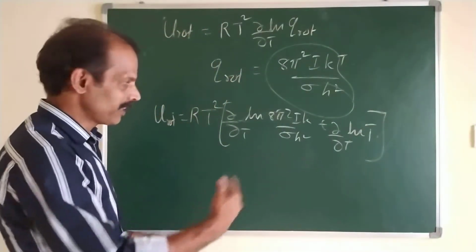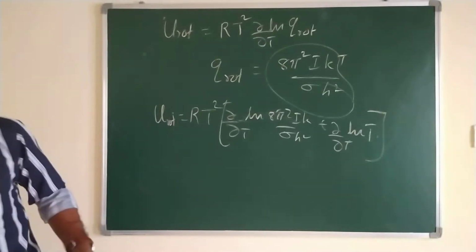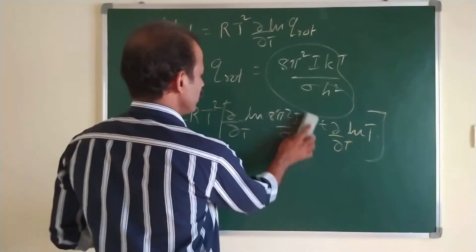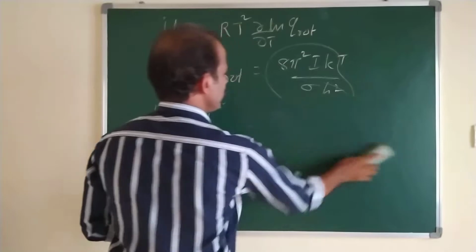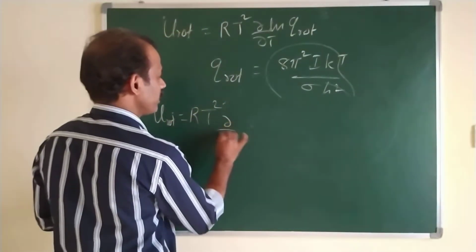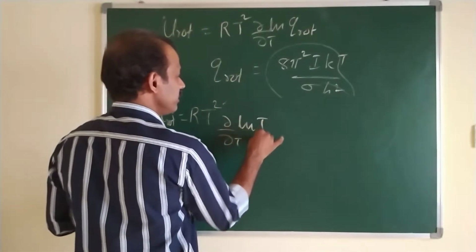So we get the first term as zero value. So it is equal to dou by dou T ln T.